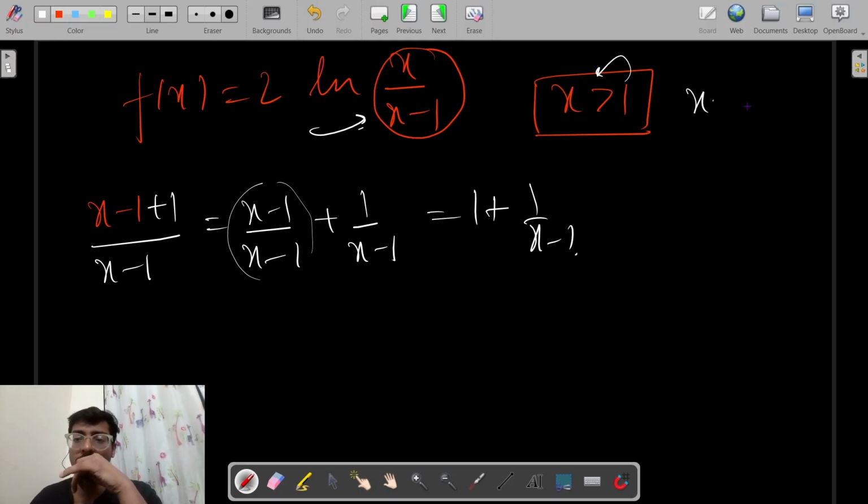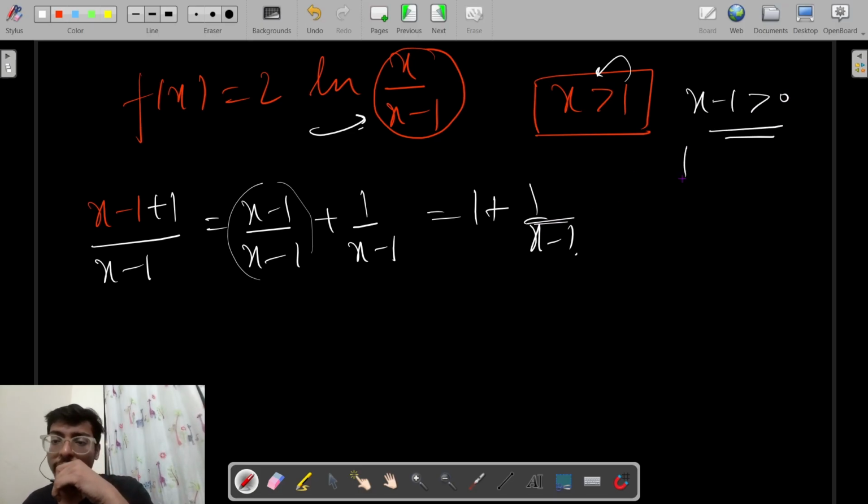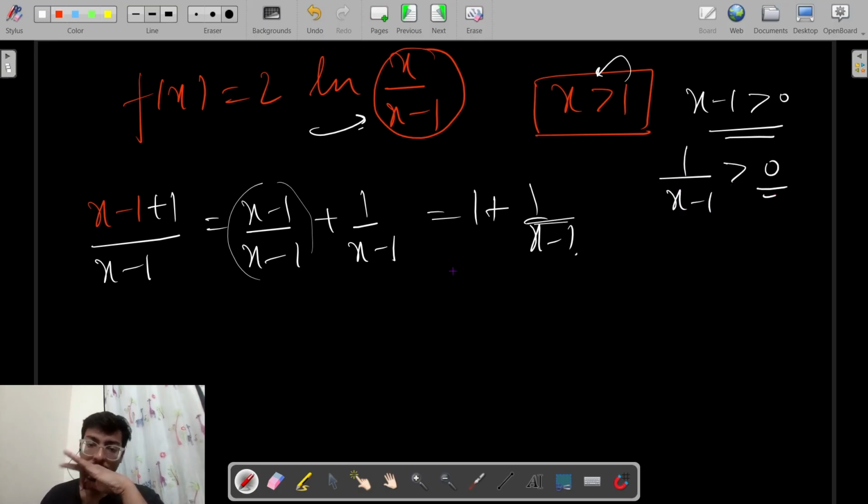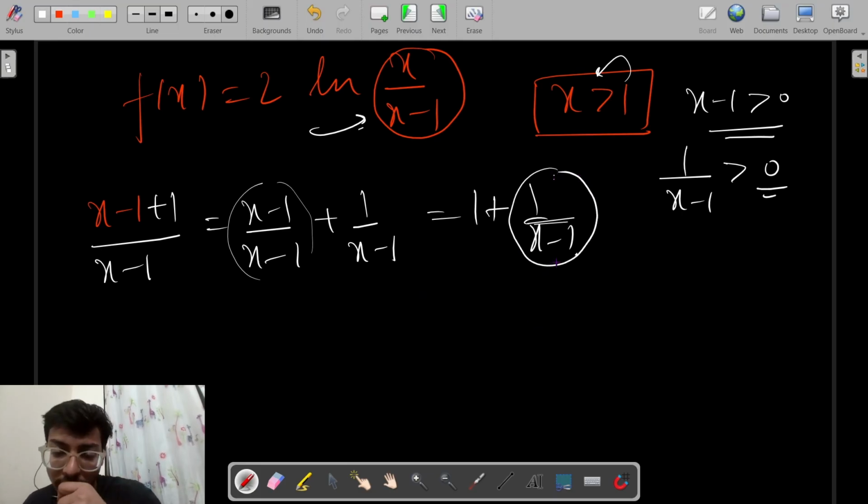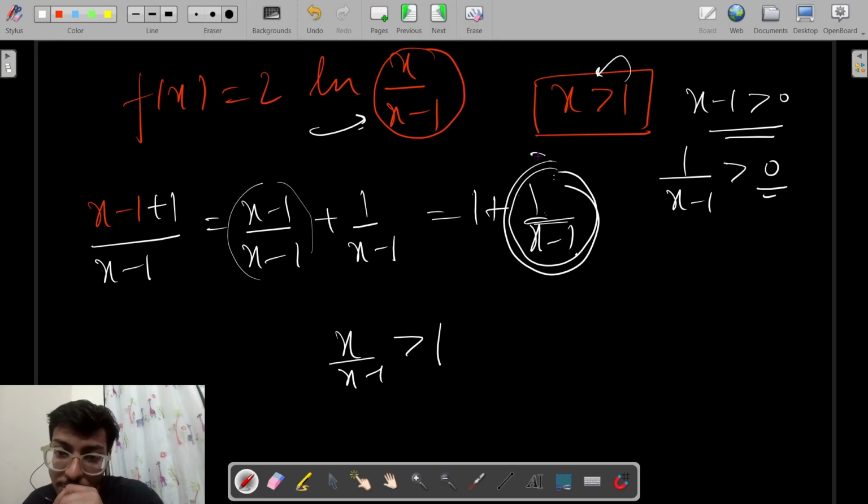If you shift this minus 1 to this side, this x minus 1 will be positive, right? When you divide 1 by a positive number, it will always be positive. So this term, 1 upon x minus 1, will be positive, and when you add 1 to it, you can say that this x upon x minus 1 will always be greater than 1, because this term will always be greater than 0.